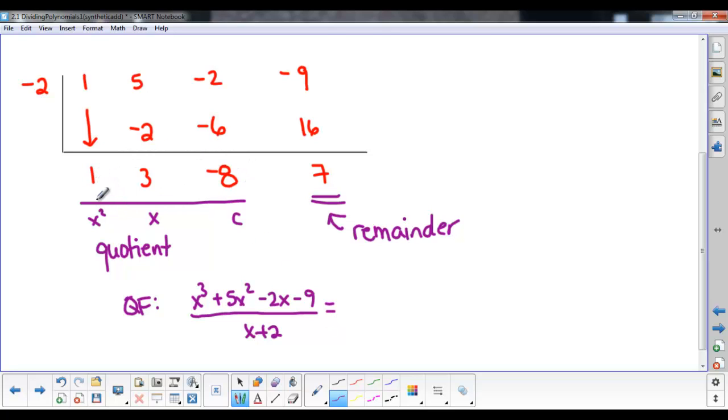So I know I have 1x squared plus 3x, take away 8, plus our remainder of 7, which is always the last number, over our divisor. So nice and simple. A quick, efficient way to do it, but there are a few conditions that need to be met.